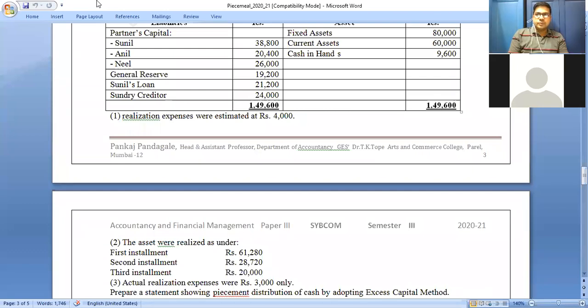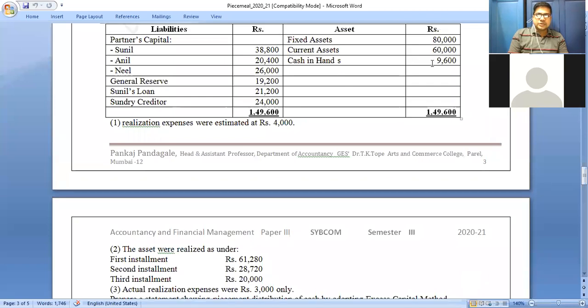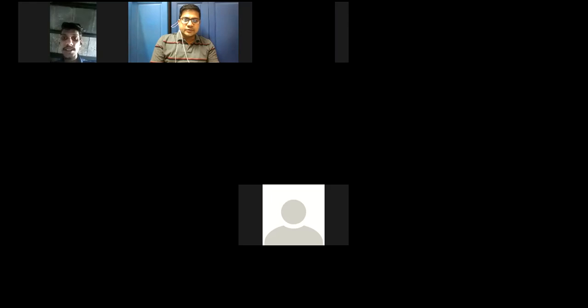Friends, in our problem the cash available balance is 9,600, Sunil's loan amount 21,200, sundry creditors 24,000. These are all amounts we will use while preparing the statement showing piecemeal distribution of the cash.